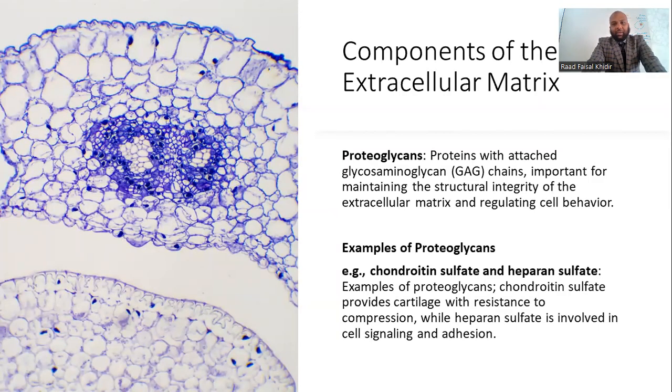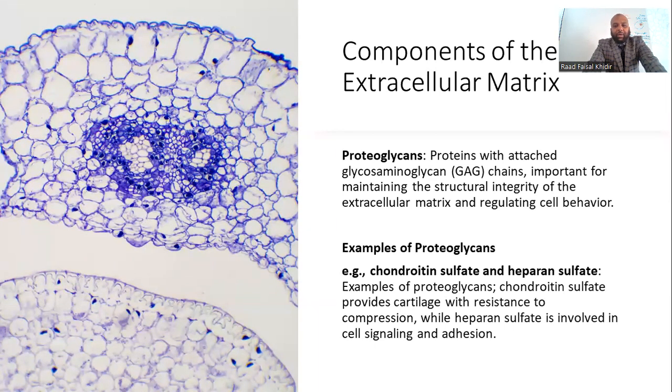Okay, components of the extracellular matrix. We have the proteoglycans, which are proteins with attached glycosaminoglycan chains, and these are important for maintaining the structural integrity of the extracellular matrix and regulating the cell behavior.